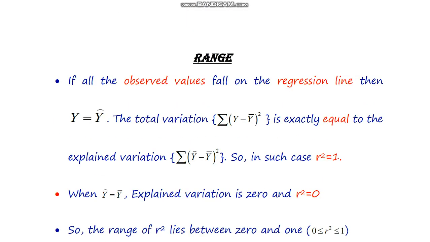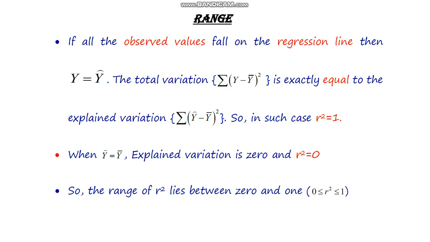Here is the range. If all observed values fall on the regression line, then y is equal to y cap. The total variation, summation y minus y bar squared, is exactly equal to the explained variation. If our y is equal to the estimated y cap, and we put y cap here, this is equal to the explained variation, so R square is equal to 1.